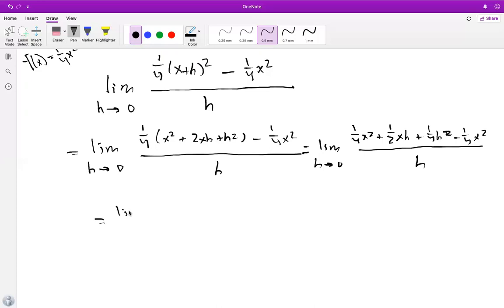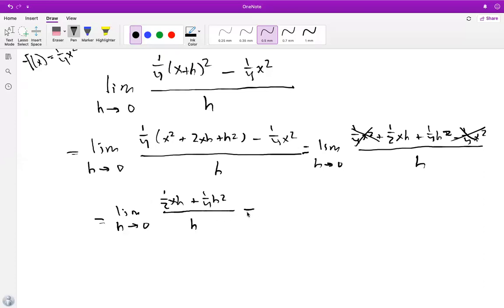Now, if I'm paying attention, which I for sure am, I can see that there's a 1/4 x squared here and a 1/4 x squared there. Those cancel out. I get the limit of 1/2 xh plus 1/4 h squared all over h.